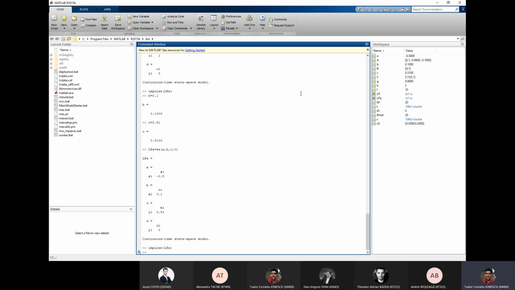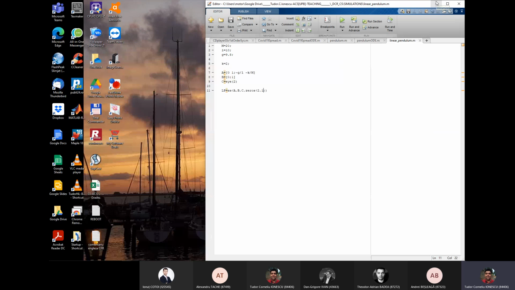Is this clear to you? Okay, fine. So for this reason, we need to study the systems defined by these matrices A, B, C, and D. That's why we started discussing last time about these models.